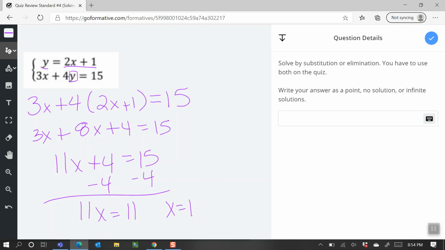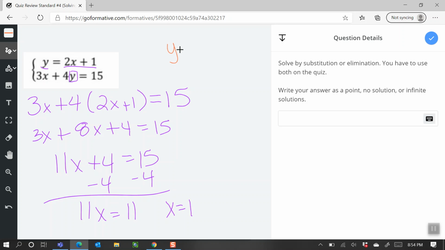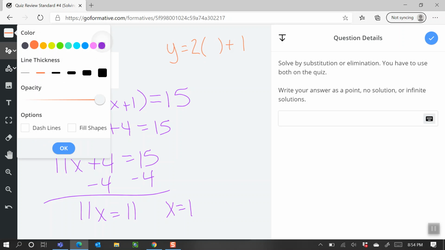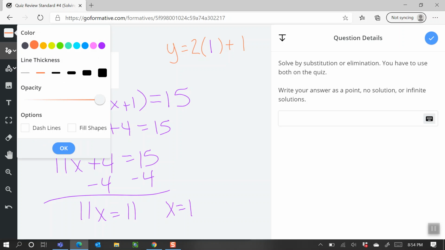So now what I'm going to do is take this one and plug it into the other equation. So I have y equals 2 times something plus 1. That's something you already found, and that is the one down below. So now you have y equals 3 plus 1, which is 4.